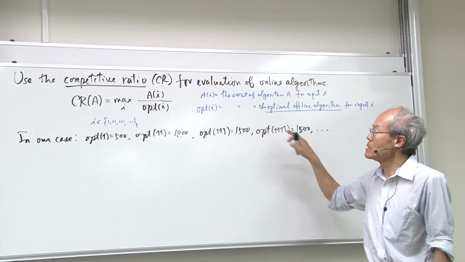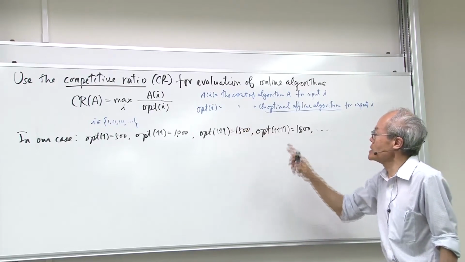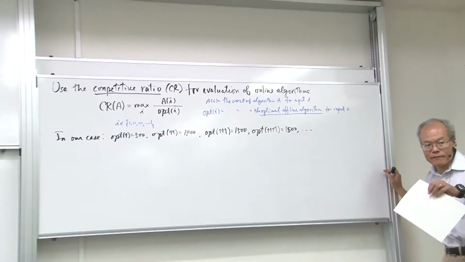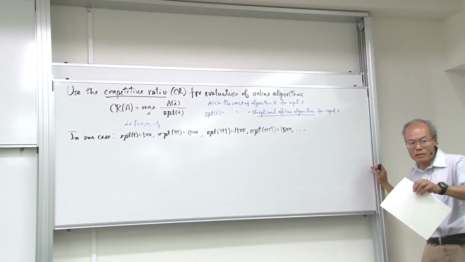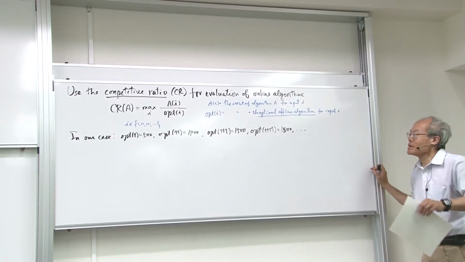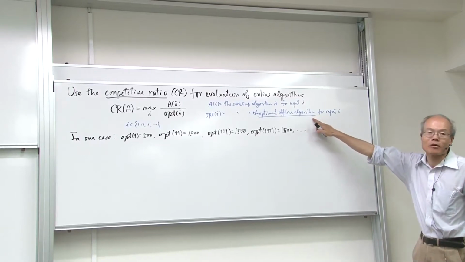Just remember, opt I is the cost of the optimal offline algorithm. That means we know the whole input in advance. Okay? This is kind of cheating. But we assume that this is something like God.